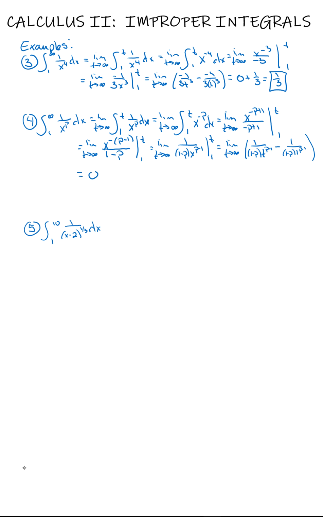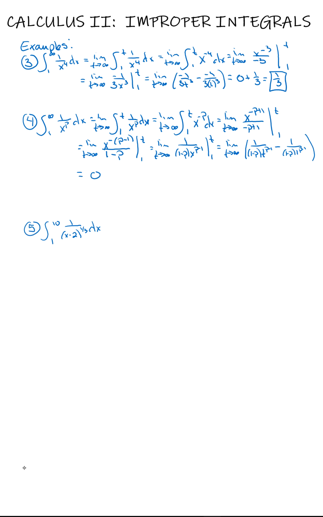So that first part is going to 0. However, this second part, what's going on with that? Well, 1 raised to any power is still 1, and so what we end up with is 1 over 1 minus p. Let me show you.